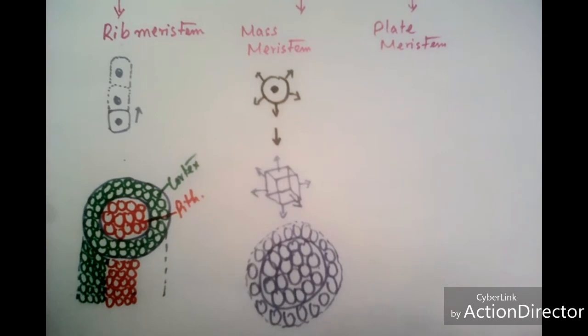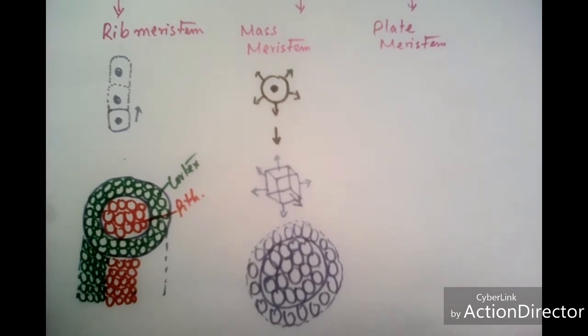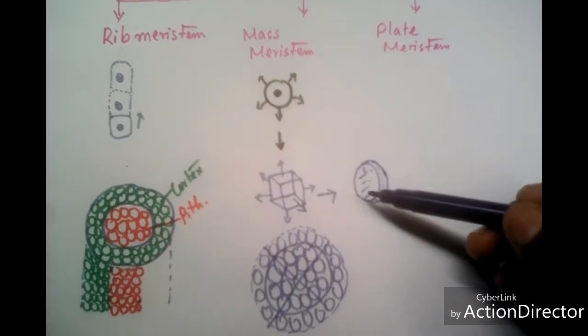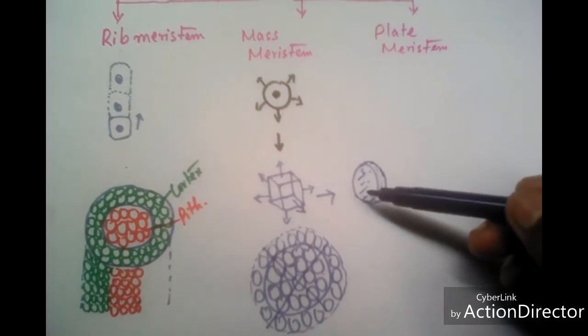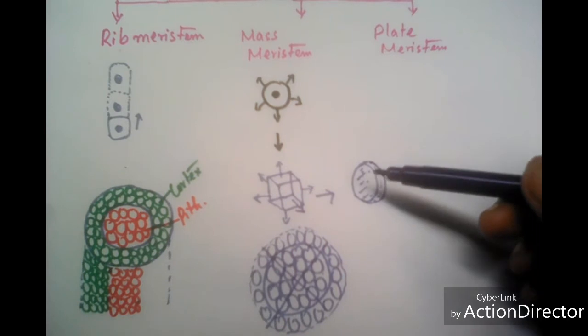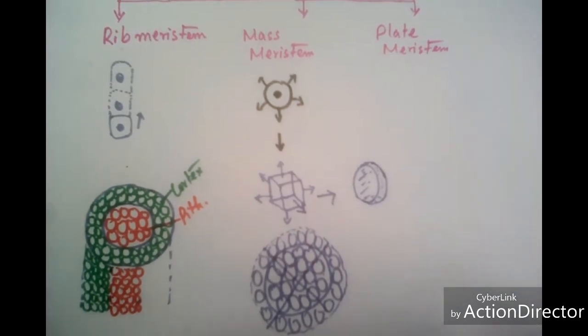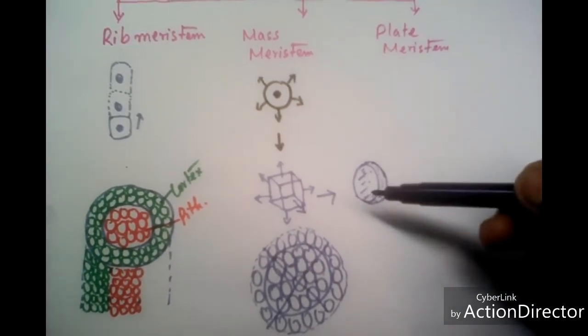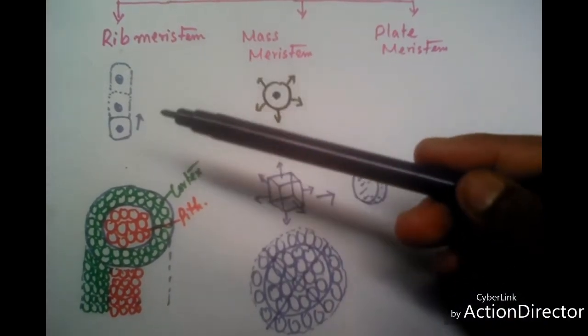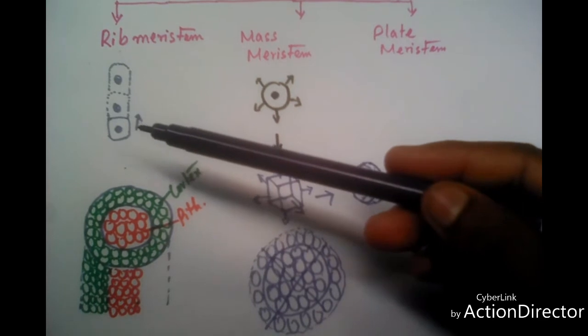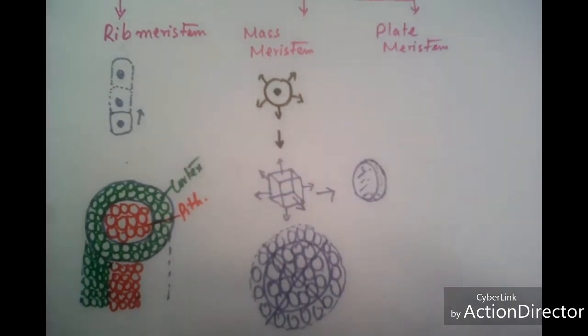It consists of numerous cells which divide in all directions. But in the case of rib meristem, cells divide in one plane.